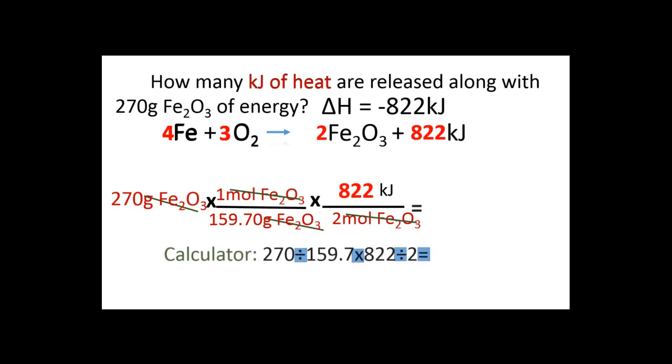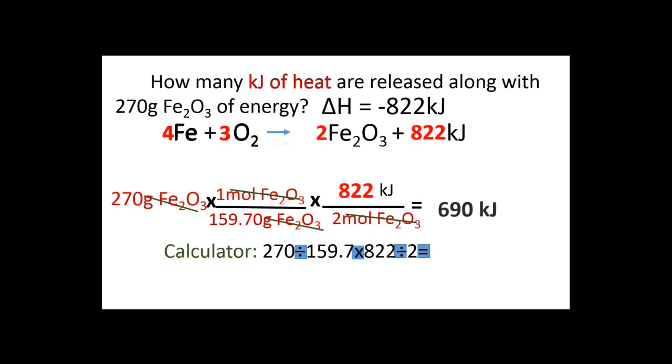So it's time to grab our calculator and crunch some numbers. You remember, when you put these values into calculators, any numbers on top you'll multiply by, any numbers on bottom you'll divide by, and if we crunch those numbers and round to 2 significant figures like our starting value, you can see that we end up with 690 kilojoules.